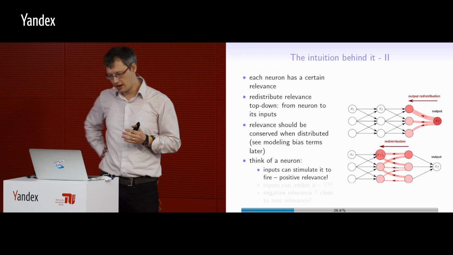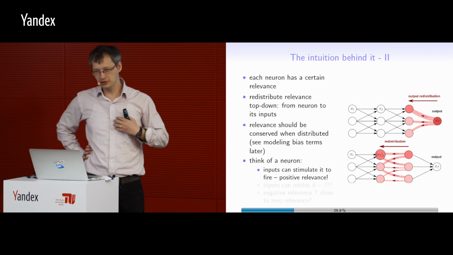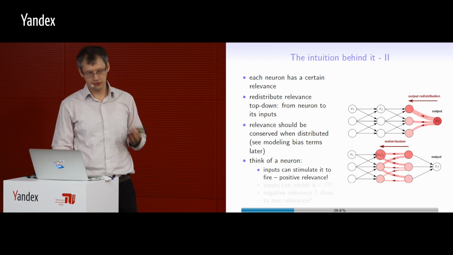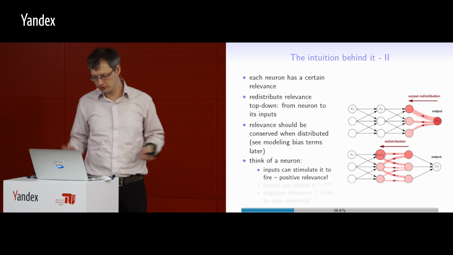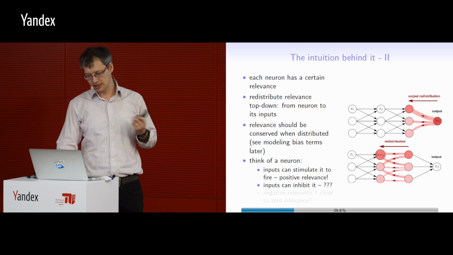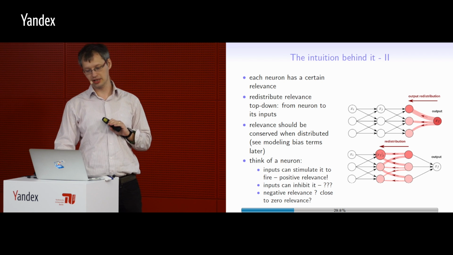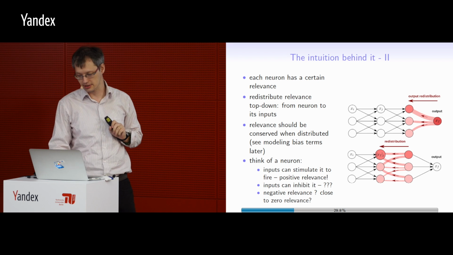So if you have inputs that stimulate a high output, you would imagine that they should have positive relevance. Of course, if you think of this biological analogy, which really does not hold for neural networks, inputs can also inhibit it. Then you can think of either having a negative relevance or a zero relevance. This is a matter of modeling and of design choices.